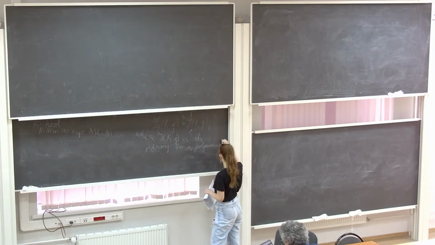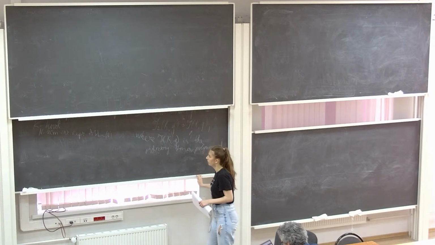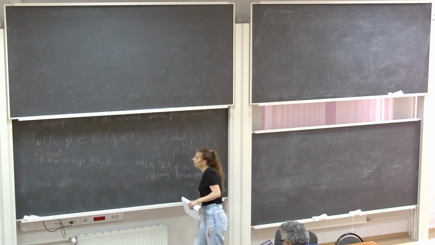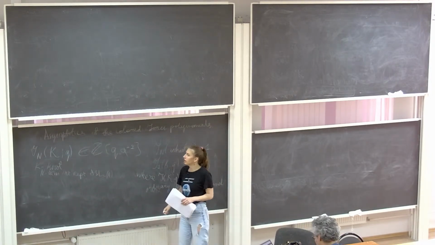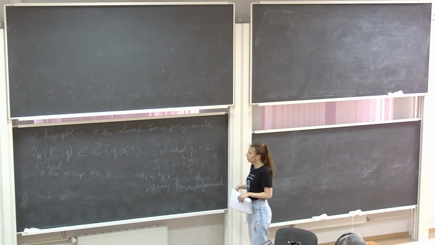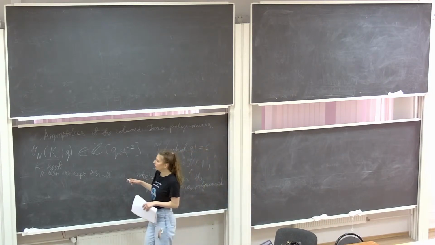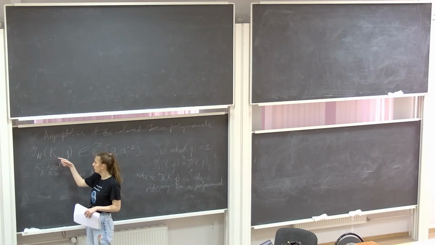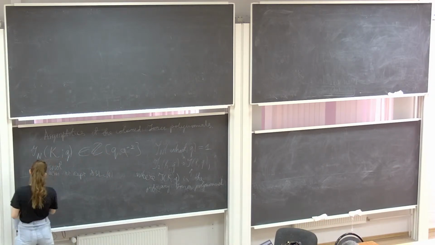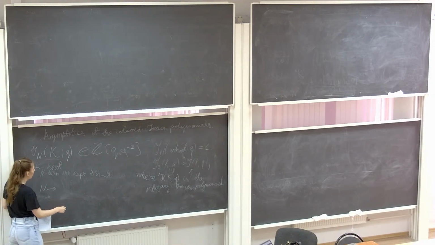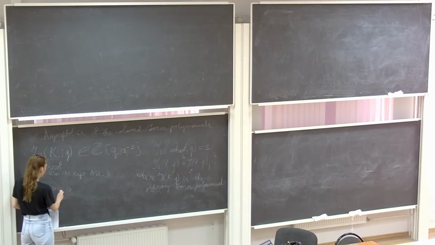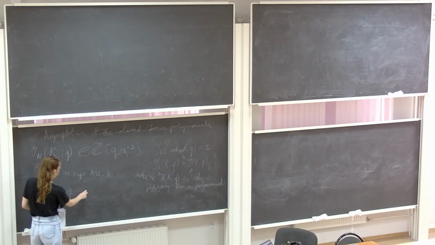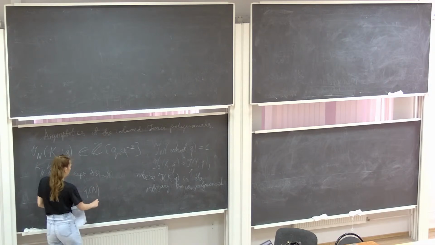Okay, so first I would say that the motivation to study the asymptotic behavior of this polynomial as n goes to infinity, and Q will also be some function of n.